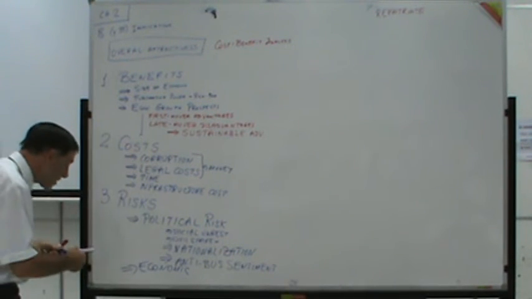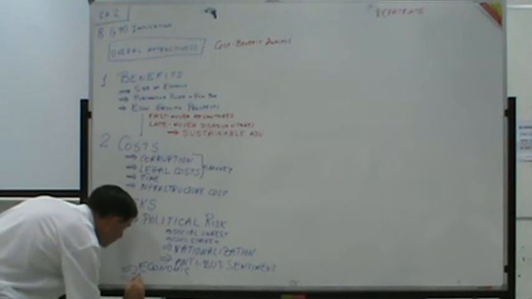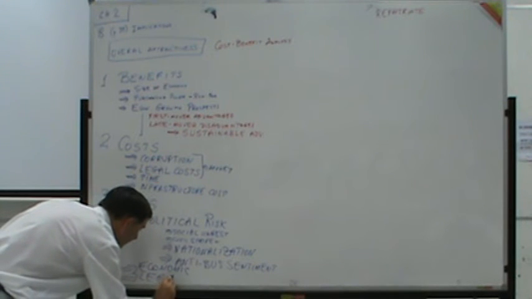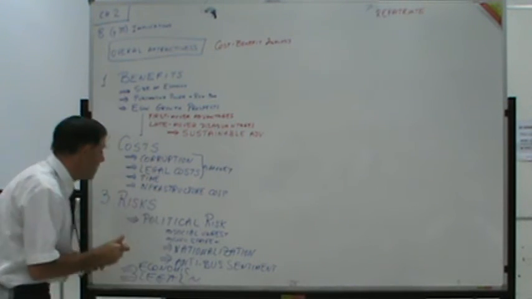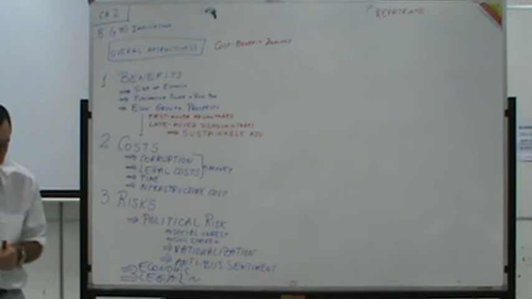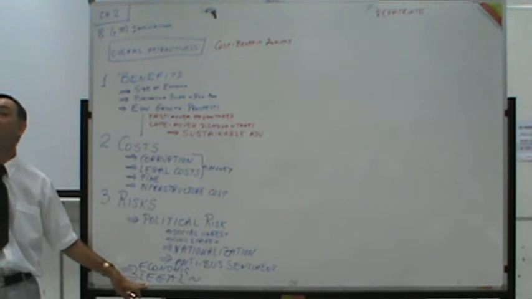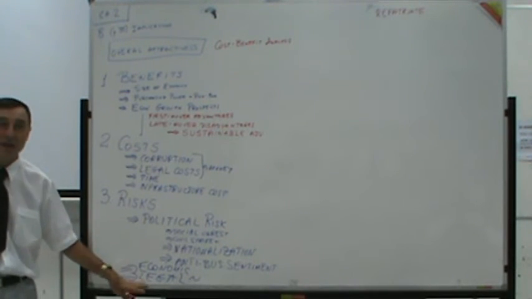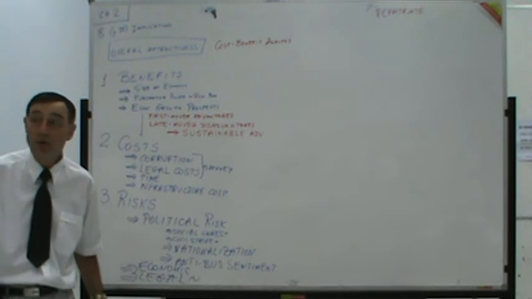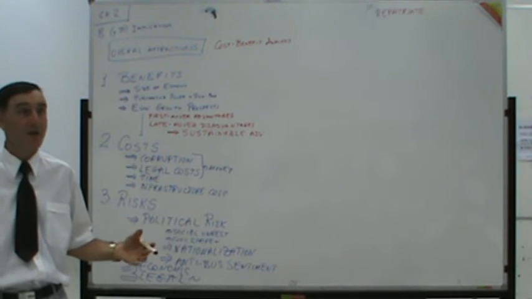And finally, you can get legal risks. And legal risks are basically risks associated with a failure to safeguard your property. For example, you might be Metro, but we got mafia, okay?